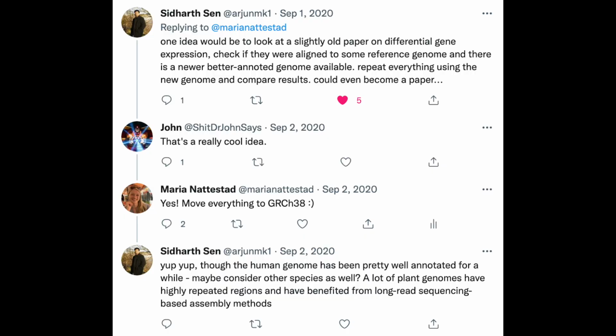So a lot of these analyses build a lot of things on top, but the reference genome is one of the early steps of the analysis, or is used in like the alignment step, which is a super fundamental part of any analysis. So if the entire rest of the paper's work is built on top of that, changing the reference genome could change the results. And that would be interesting, and that is also worthy of a paper if you find something interesting when you're doing this. Otherwise, you just learn a lot.